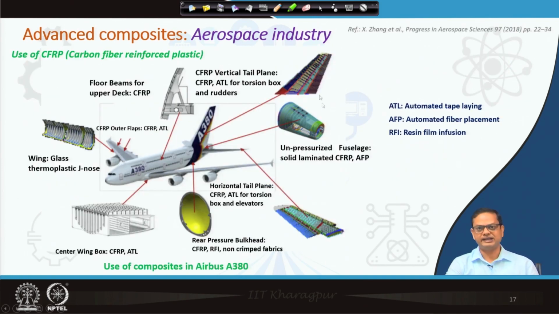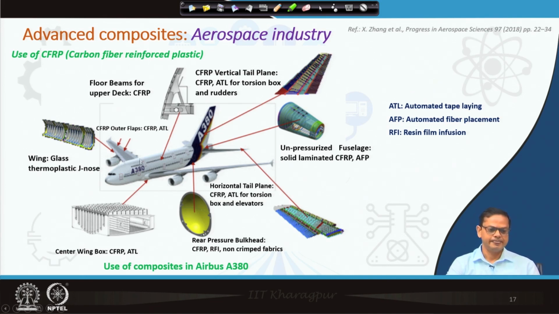Let us go into another application, again the aerospace industry. Here what has been shown is the different parts of a commercial aircraft, and these different parts are being made from different kinds of composite materials. You can see here how hugely CFRP, carbon fiber reinforced plastics, is used in an aircraft.